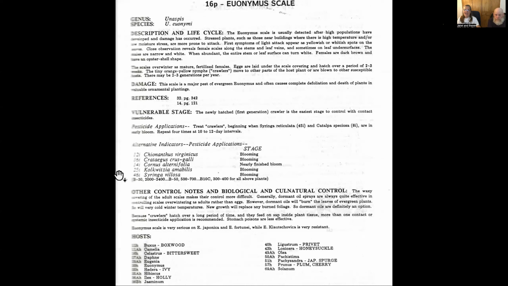When it's best to control it is its vulnerable stage. Aim at it then. And then what this book is about, what Coincide is about, is phenology, or the coincidence of a plant blooms on accumulated heat, an insect develops on accumulated heat.